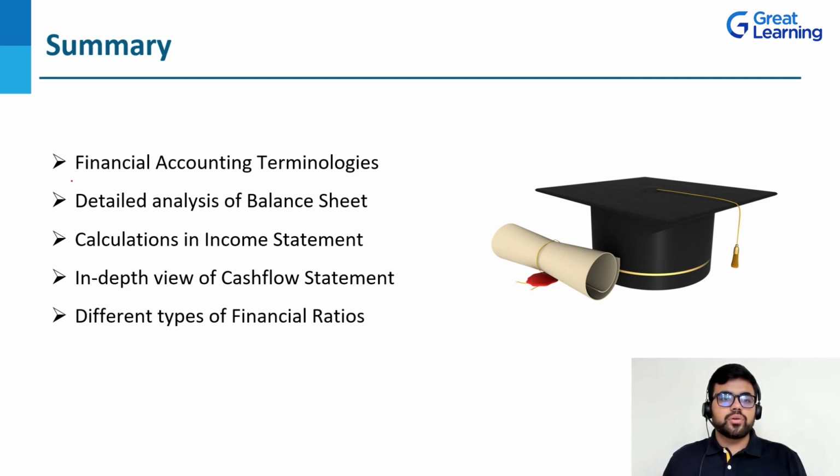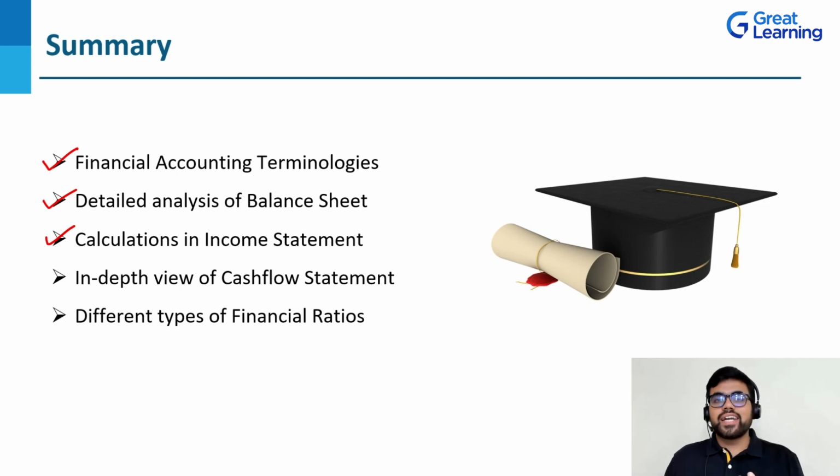Let's recollect what we have learned so far. We started by knowing different financial accounting terms and terminologies. We got to know about the difference between cash based and accrual based accounting. Then we had a detailed analysis of what a balance sheet is and what the various components of a balance sheet are. Then we moved on to the income statement, had a look at how the income statement looks, and what the basic steps involved in calculating things like EBITDA, net income, gross profit, etc. are.